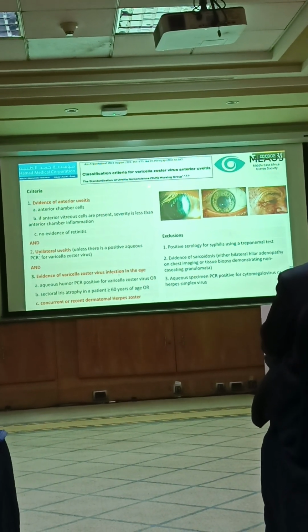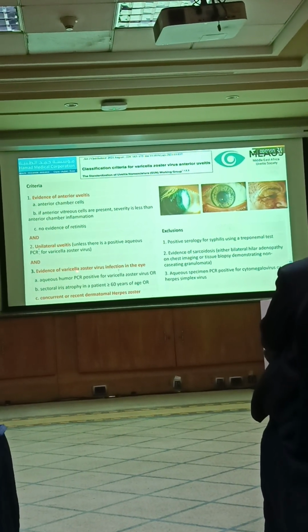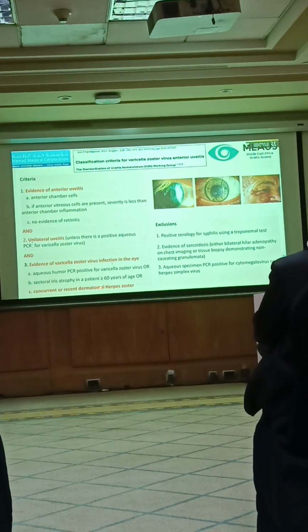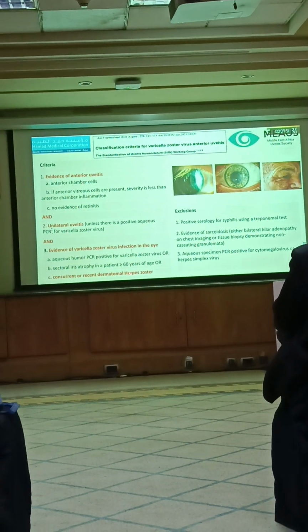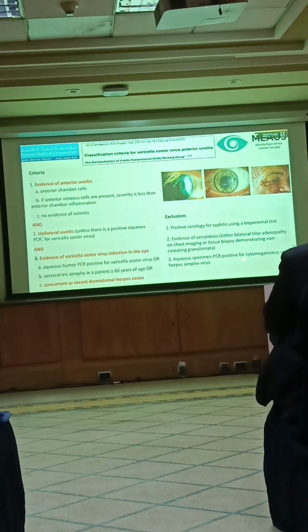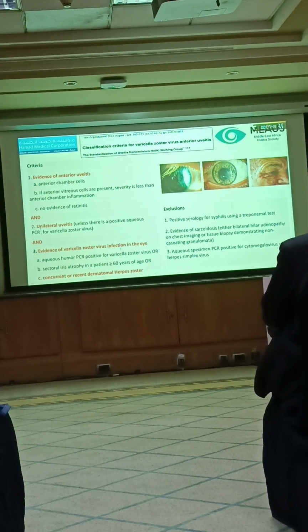Again, the criteria for varicella zoster depend on the clinical picture, with iris atrophy in older age and concurrent or recent dermatomal herpes zoster, and exclusion of other causes of the uveitis.